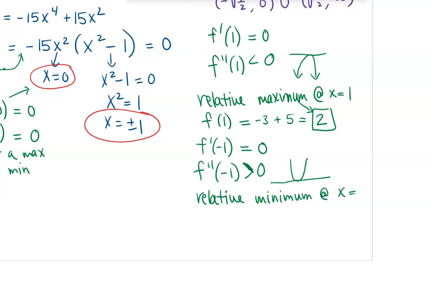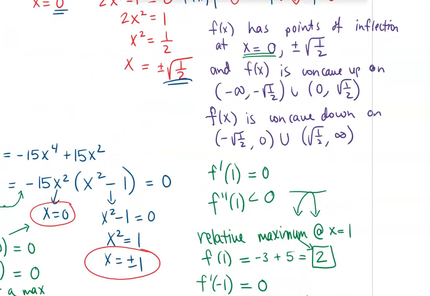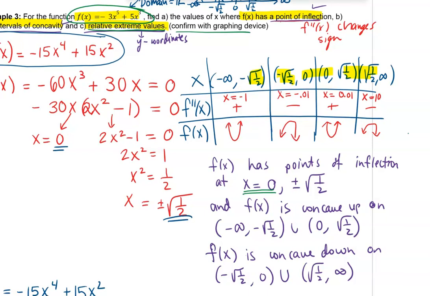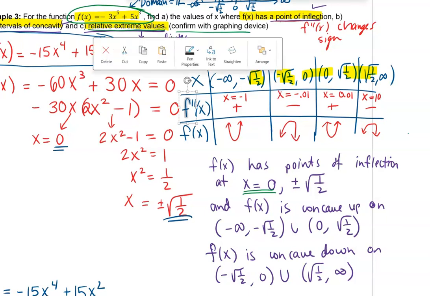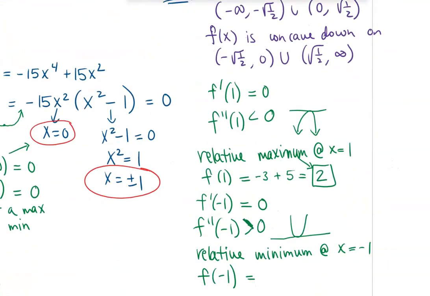at x equals -1, and then the value of that minimum would be what I get when I plug -1 into the original equation, which is up here. So -3 times -1, that's +3, plus 5 times -1, that's -5. That would give me -2.